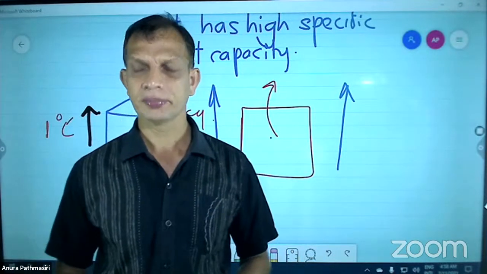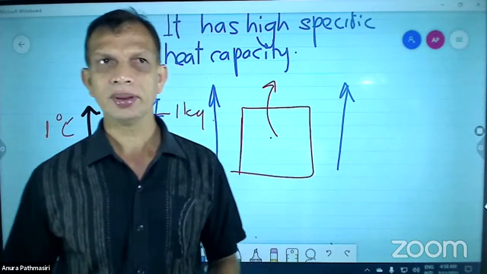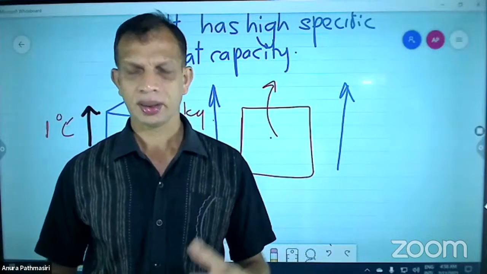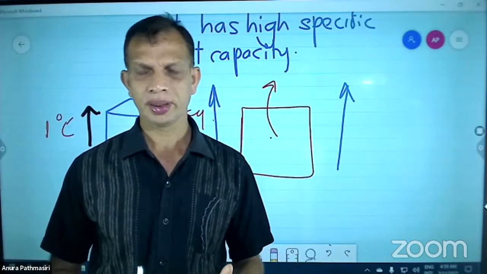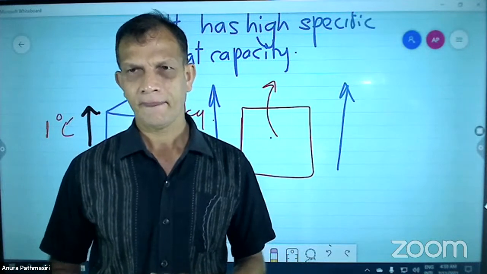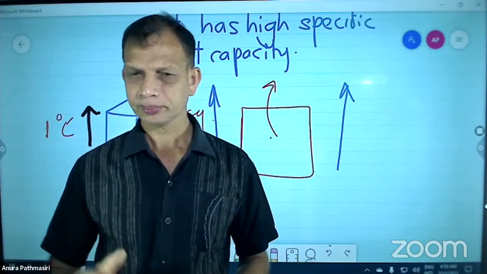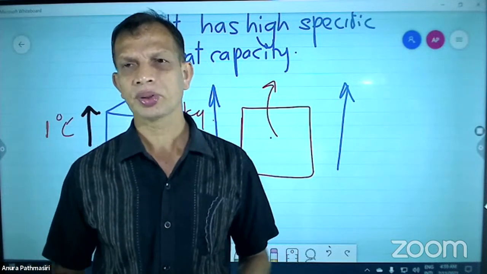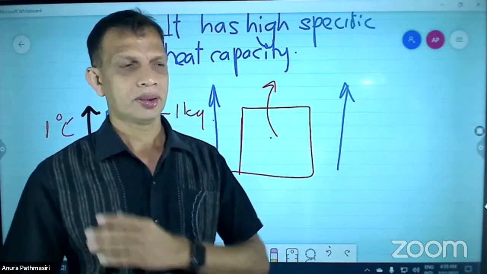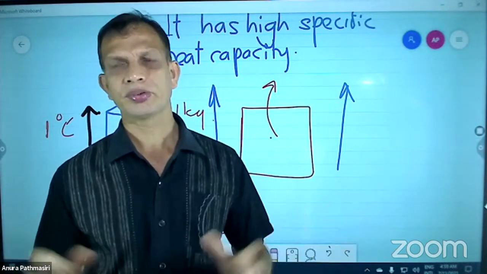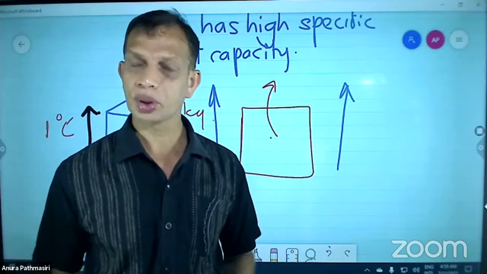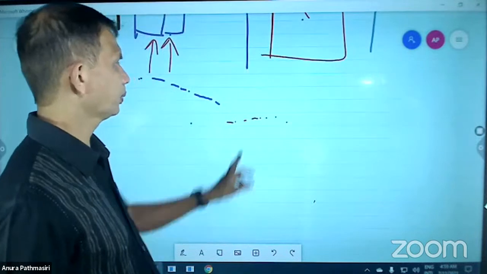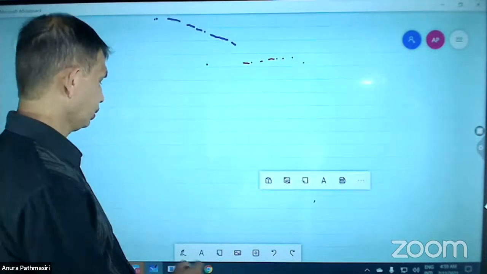Not only that, water is a very good solvent for different solutes. The solutes in the environment that support our body functions, like carbohydrate, protein, vitamins, dissolve very well in water.